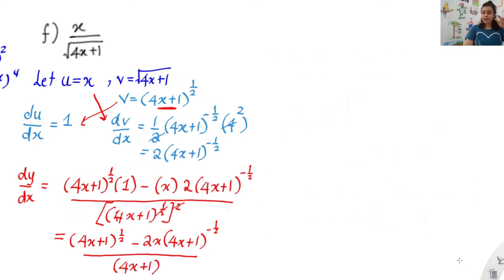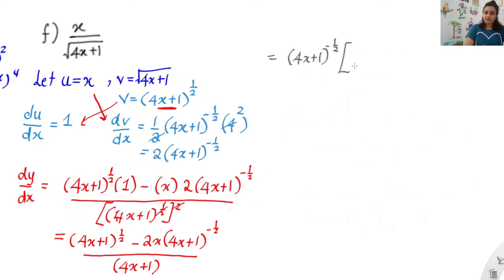Now we're almost done. What can I factorize for the up one? If you see, there are common factors, right? So you factor out anything that's common. I'm going to factor out (4x plus 1) with the smaller power, which is negative 1 over 2.